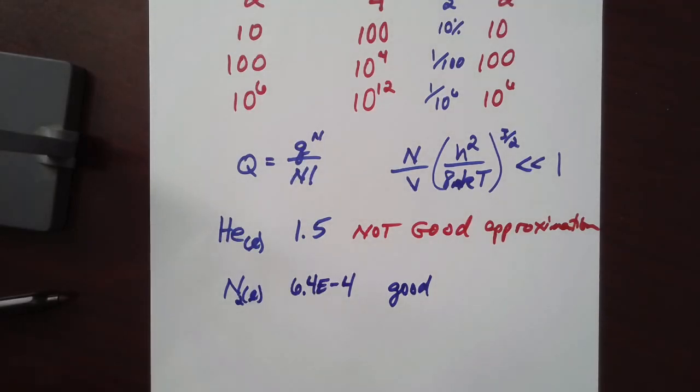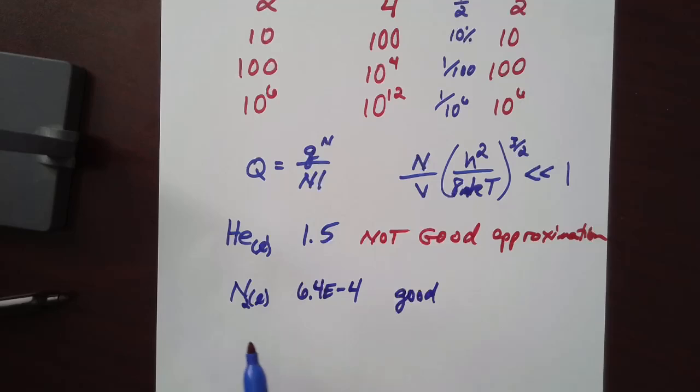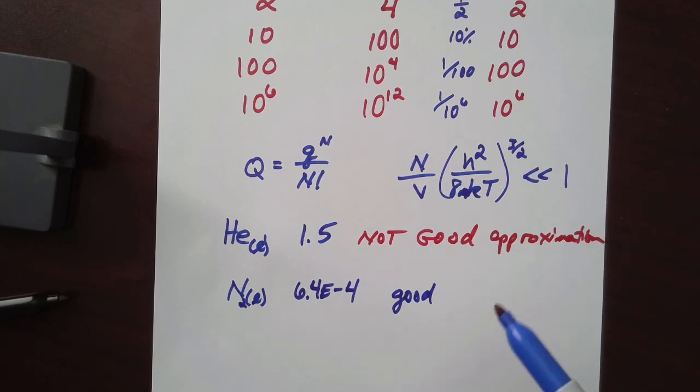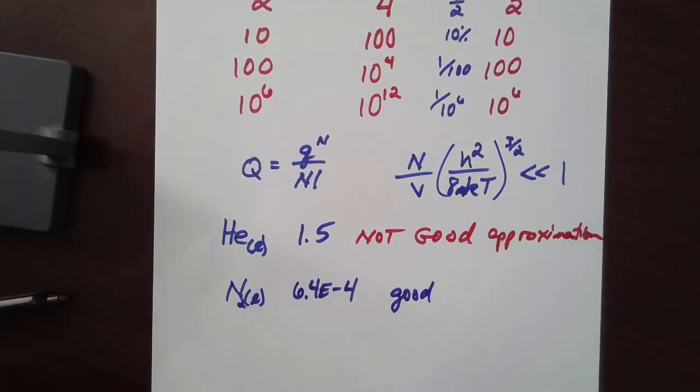Another example of where it's not a good approximation is electrons in sodium metal, or something like that. If you notice, it favors heavy stuff.